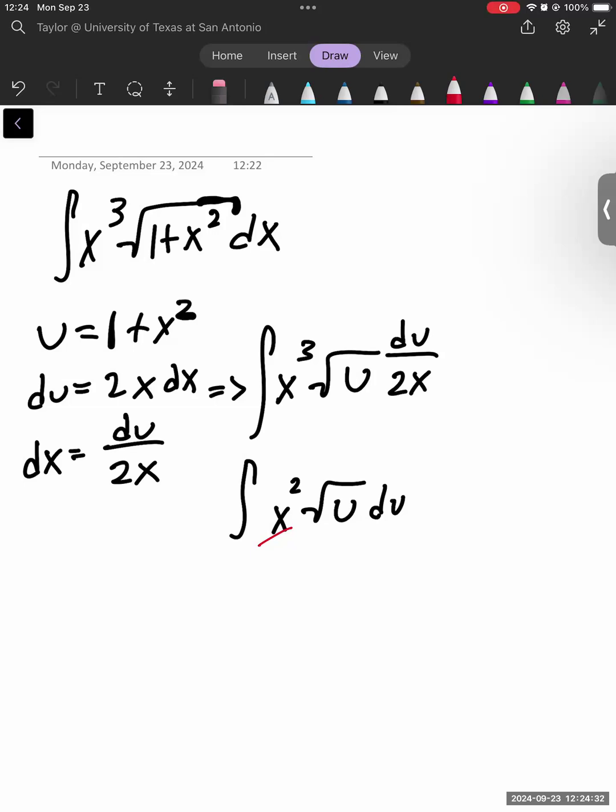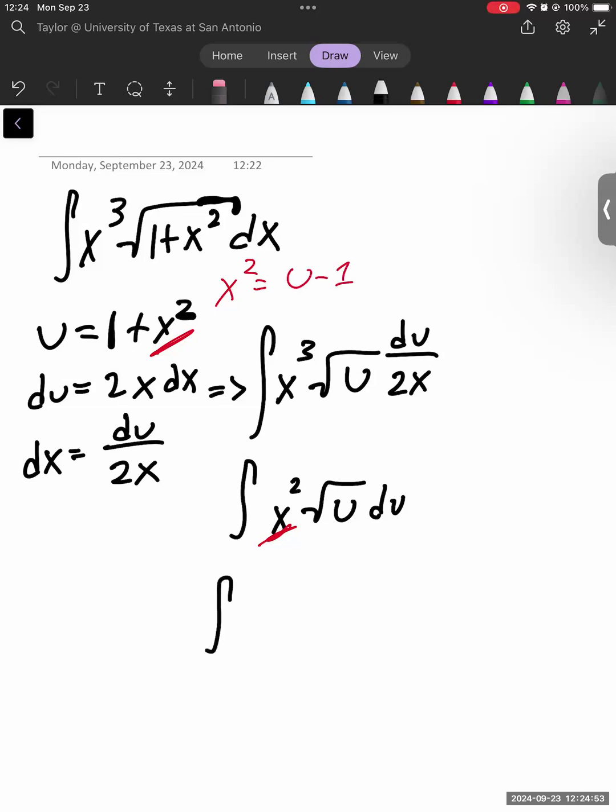Nice. Thank you, Camden. Okay, so if we notice, I have an x squared, and then in my u term, I also have an x squared. So I can solve for x squared, meaning that x squared equals u minus 1.